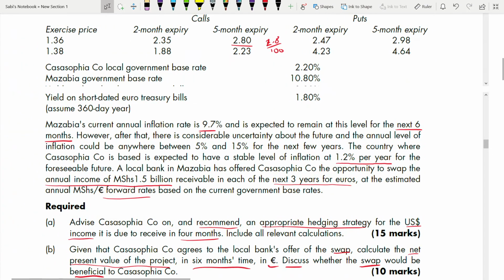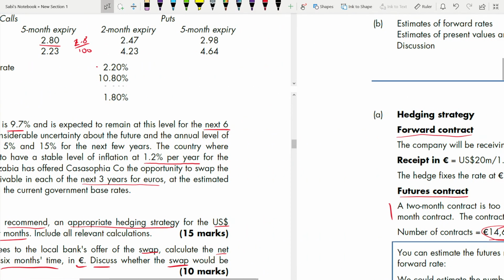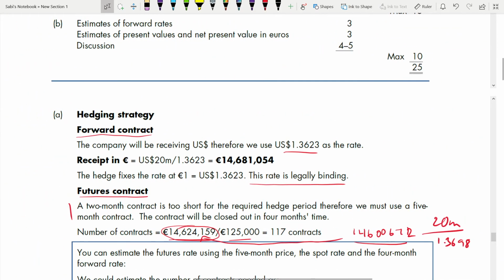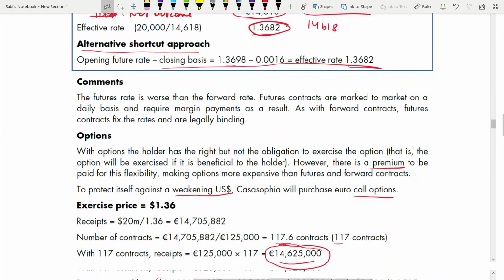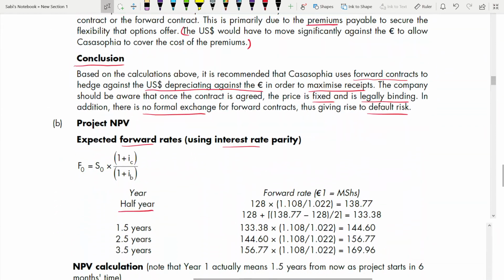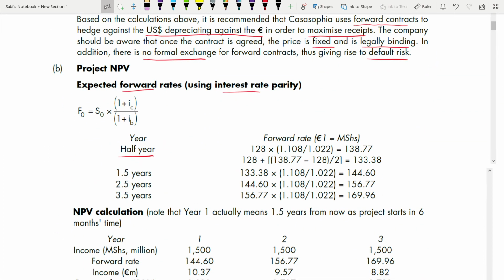Now, the interest rates are here. Mezabia and Casasophia, 10.8 and 2.2. Okay. Very interesting question. I just love this type of question, which makes you crazy, which makes you think. Now, as you can see, first it is half year.